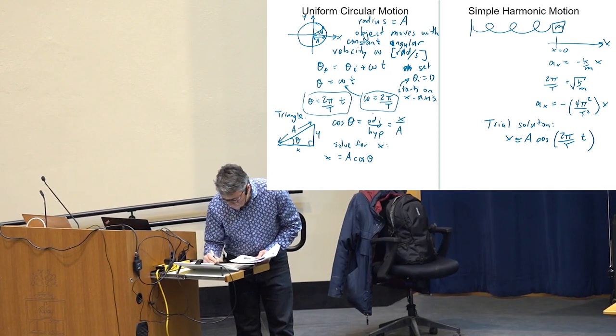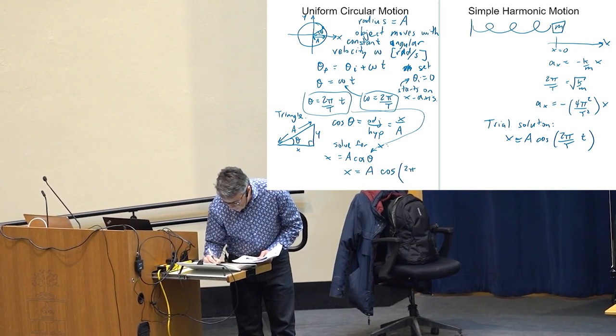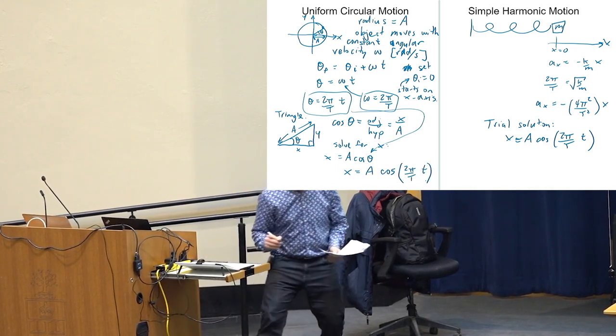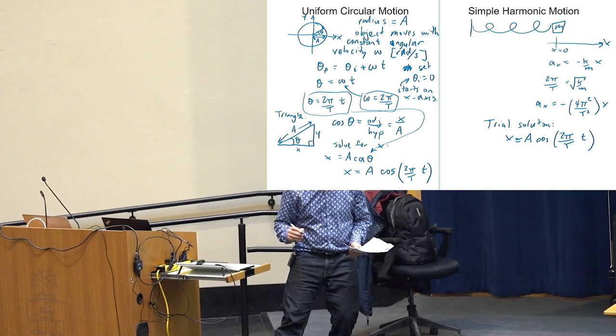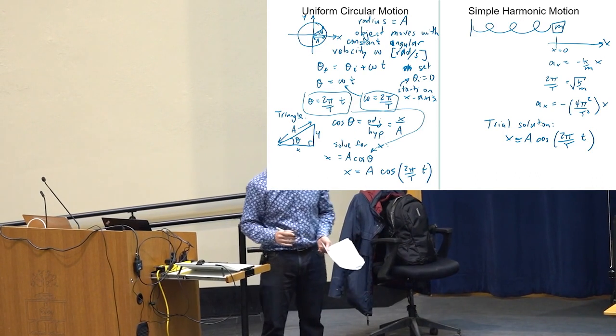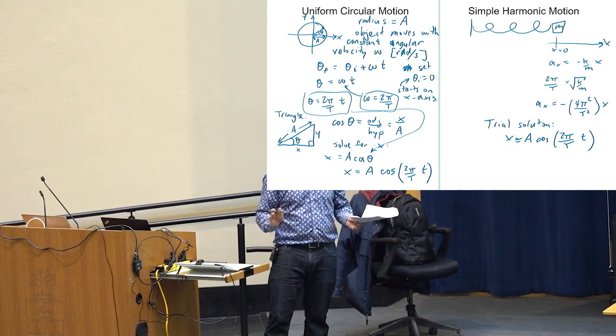But then we have theta up here, so we can plug it in. We get x is equal to A times the cosine of 2 pi over capital T times t. Whoa! Exactly the same.